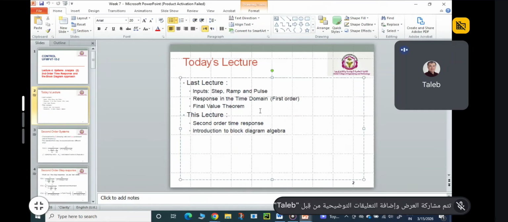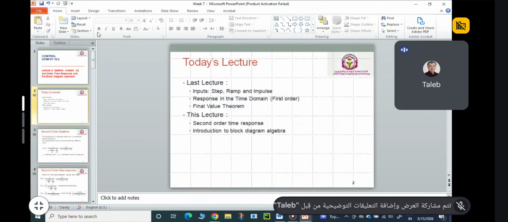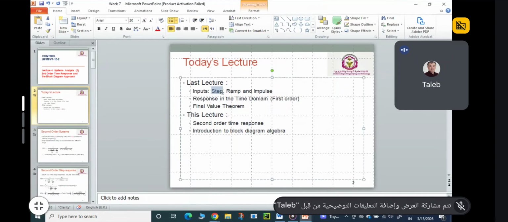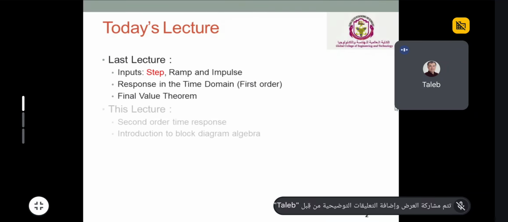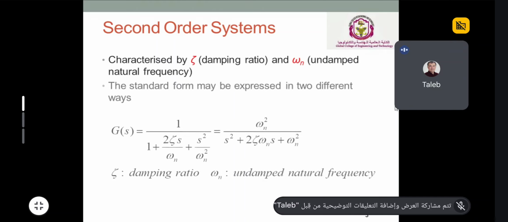So this will be impulse. Just we focus on step input only. And then we will see what happens in the output.